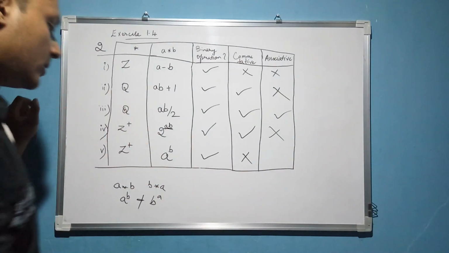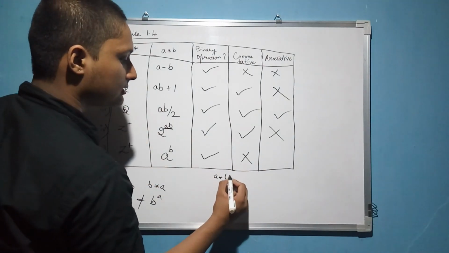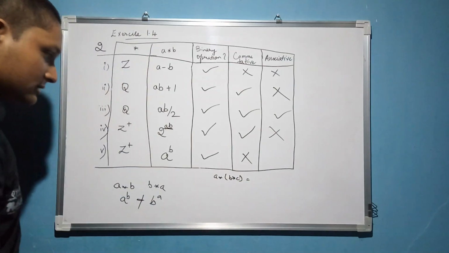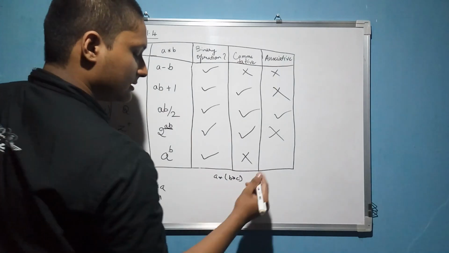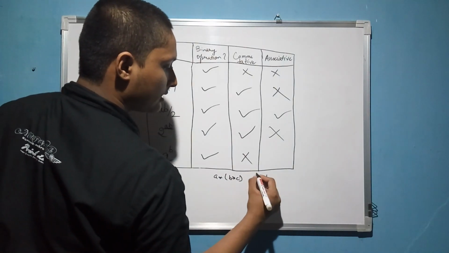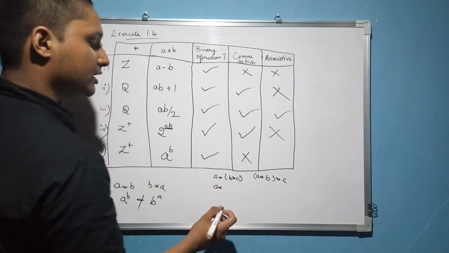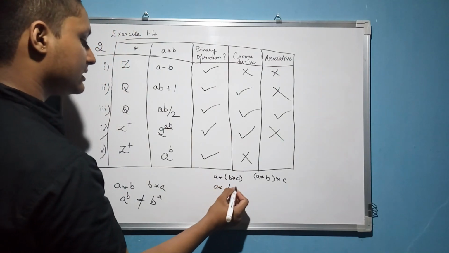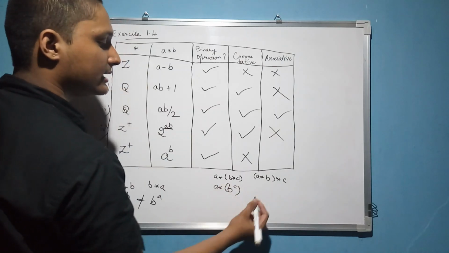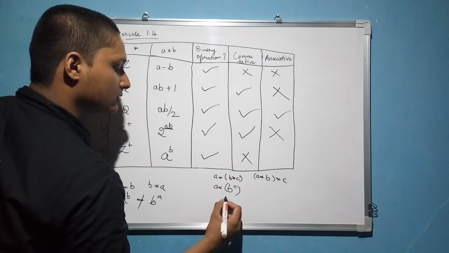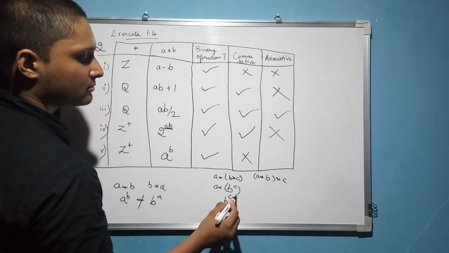Now we'll go to the associative property. A star b star c is not equal to, I have to just check, right? And a star b star c. So we take a out, a is remaining outside, b and c become b raised to c. B raised to c is one number, a is one number, so I need to take a raised to b raised to c, right?